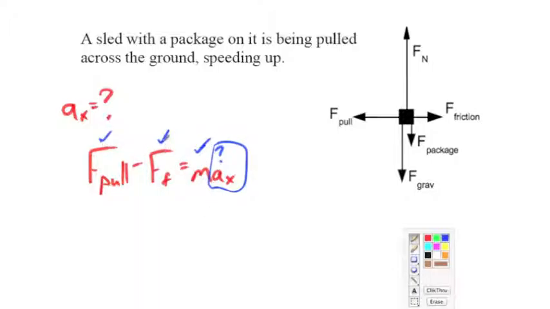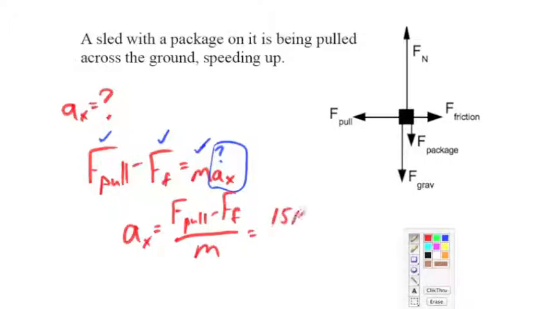But I do know my pull force, I do know my force of friction, I know my mass, so that means I could go ahead and solve this, that my x acceleration is pull force minus friction divided by mass, and I could go ahead and put in 15 newtons minus 5 newtons divided by my mass of the sled.